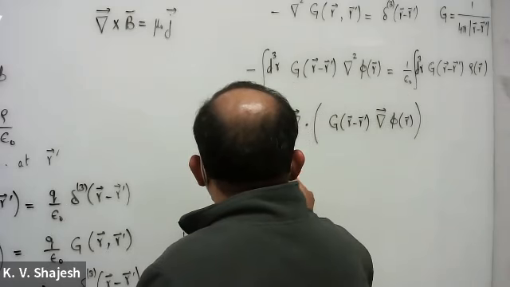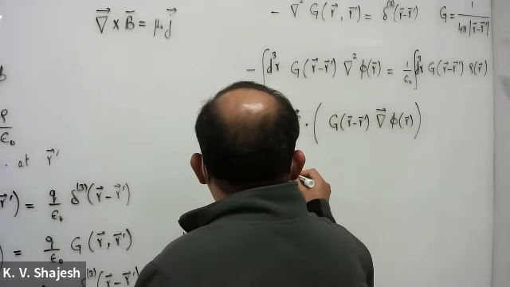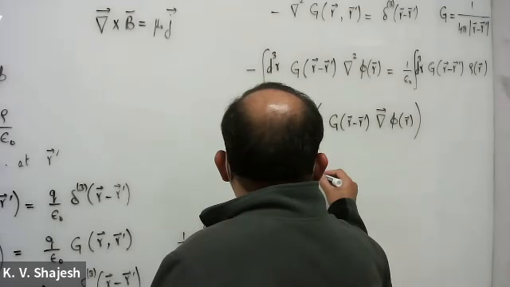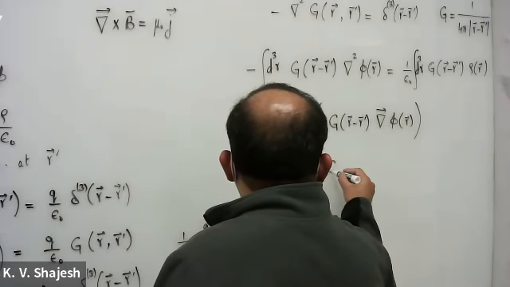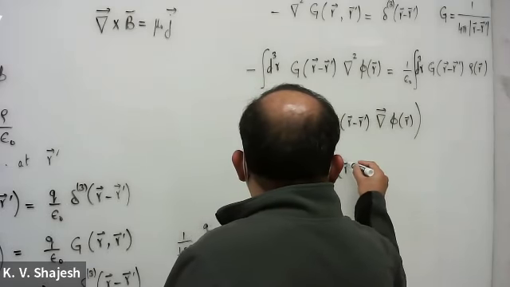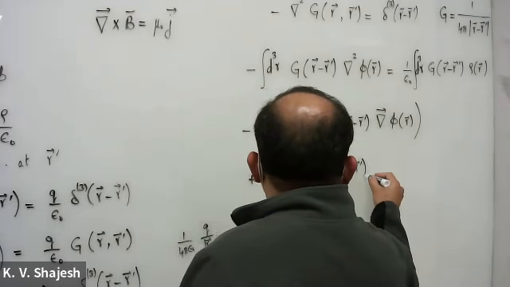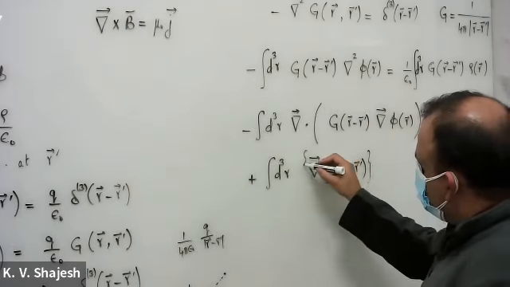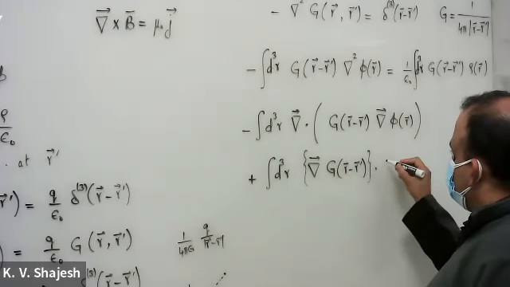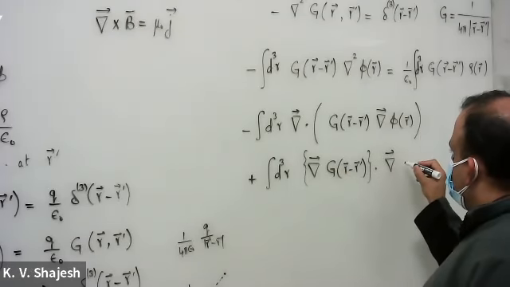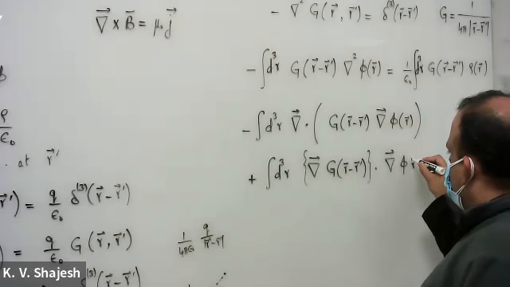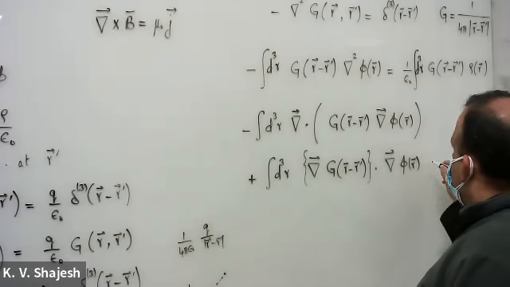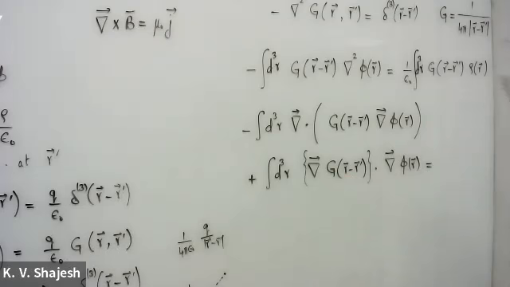I switch sign. d cube r, gradient of g of r minus r prime, acting only on g, dotted with gradient of phi, which is equal to, let me expand this out.